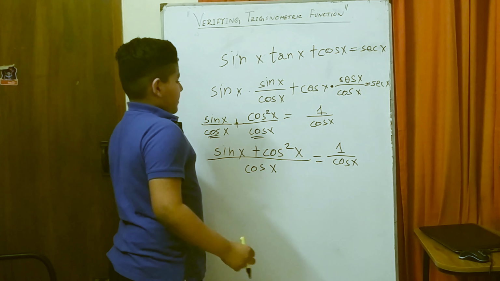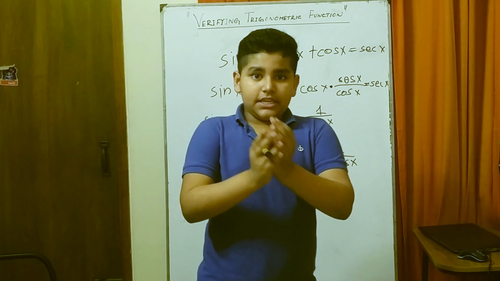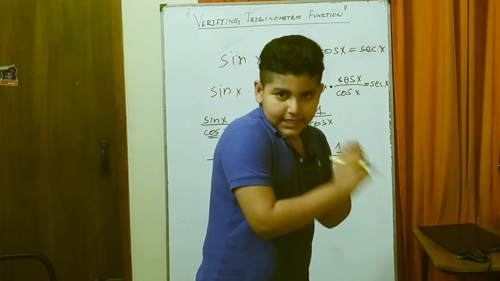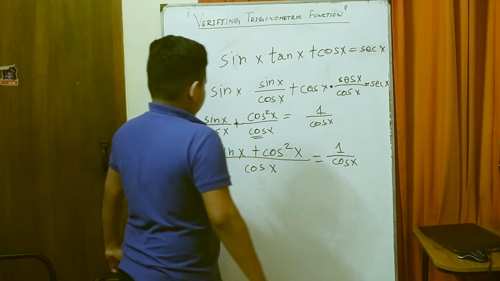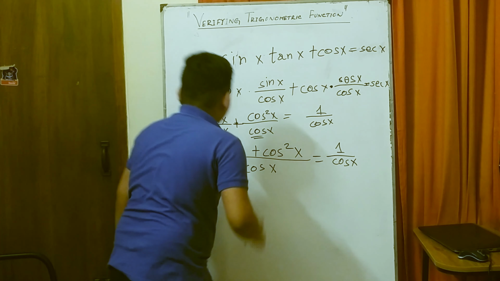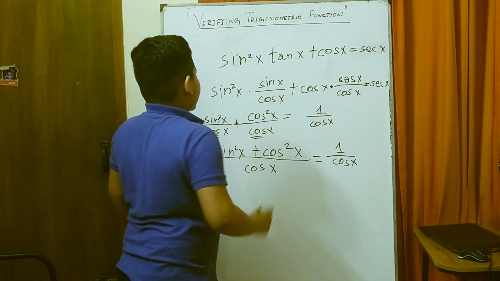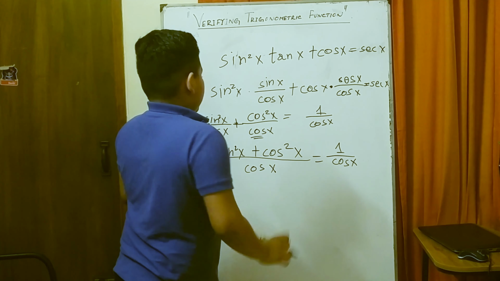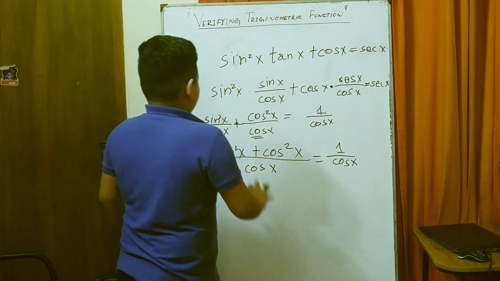Now here's the tricky bit. We can use a Pythagorean identity to verify that this is a trigonometric identity. So what we can do is that we know sine squared of x plus cosine squared of x is equal to 1.